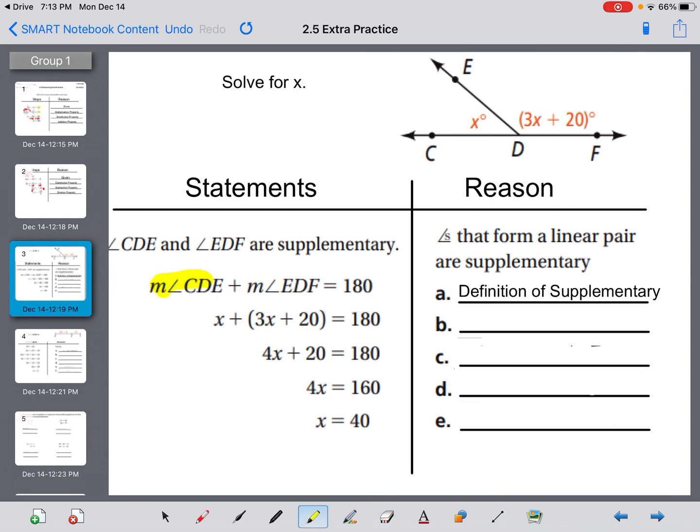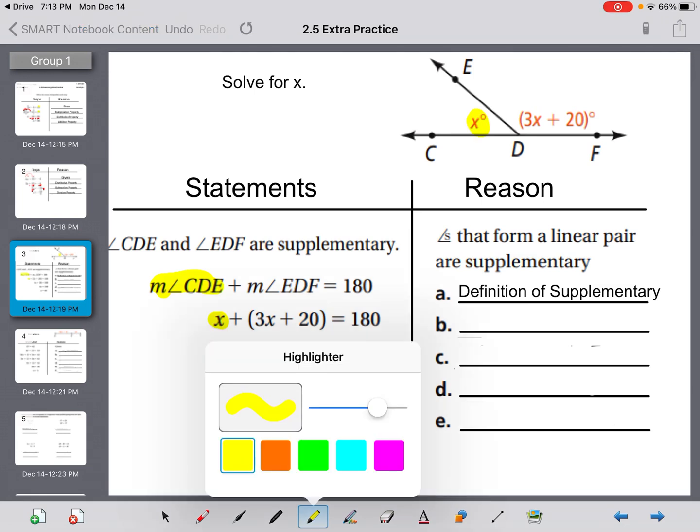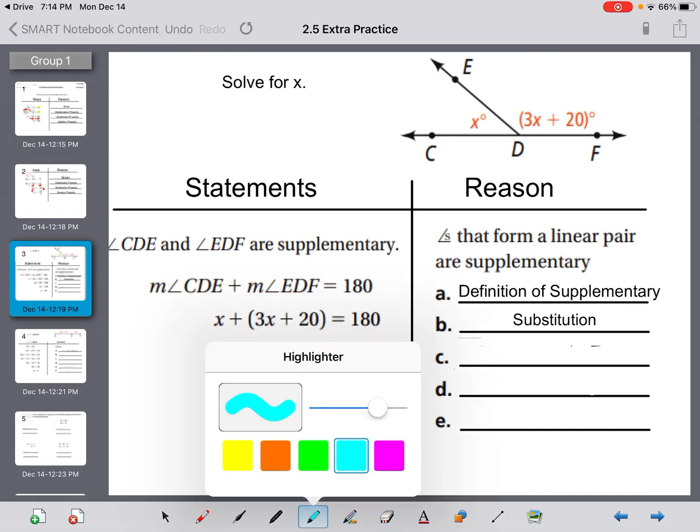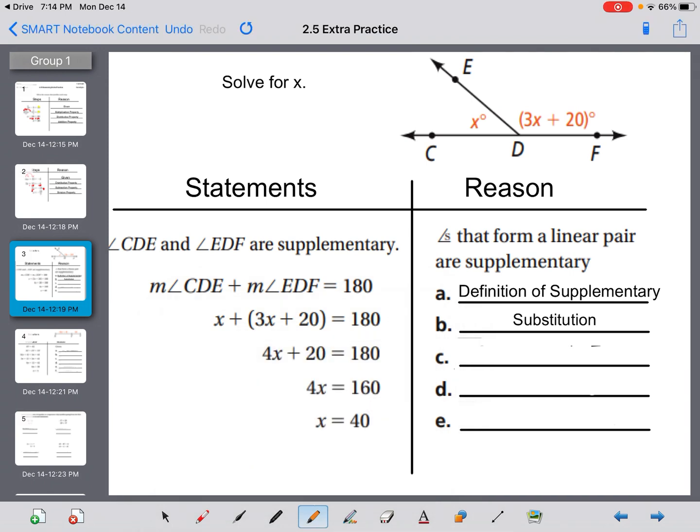Okay. For angle CDE, they substituted in x, and for angle EDF, they substituted in 3x plus 20. So that key phrase is what I just said, substitution. Okay. From here, they went on to combine like terms.